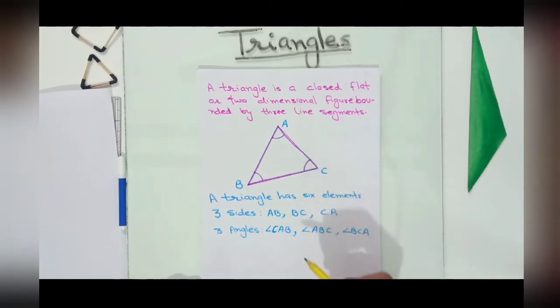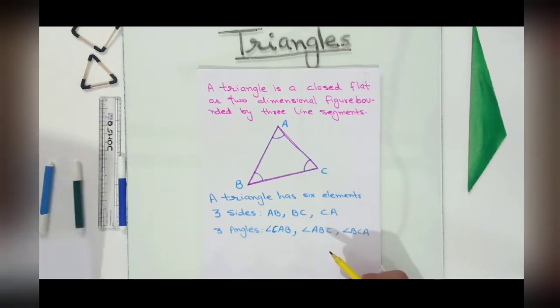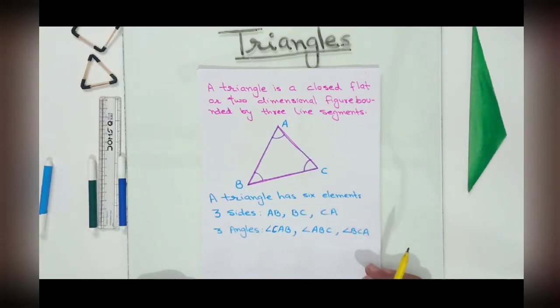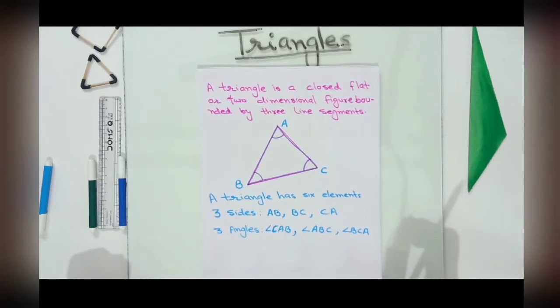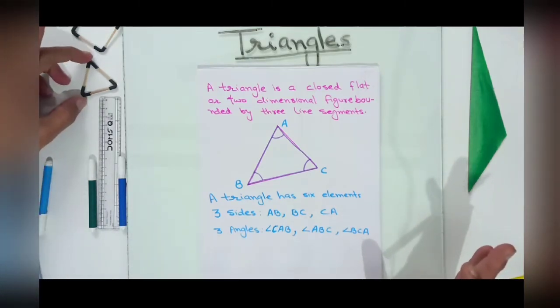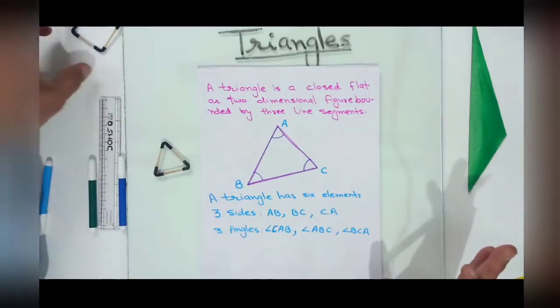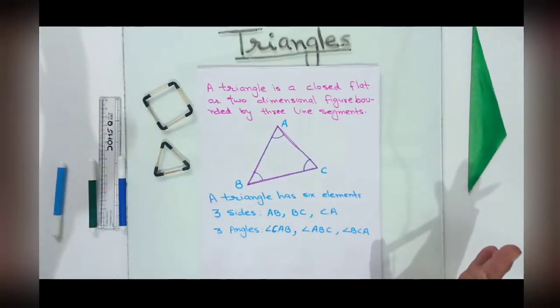So it is obvious that a triangle contains 6 elements, and we can describe a triangle under these 6 elements.